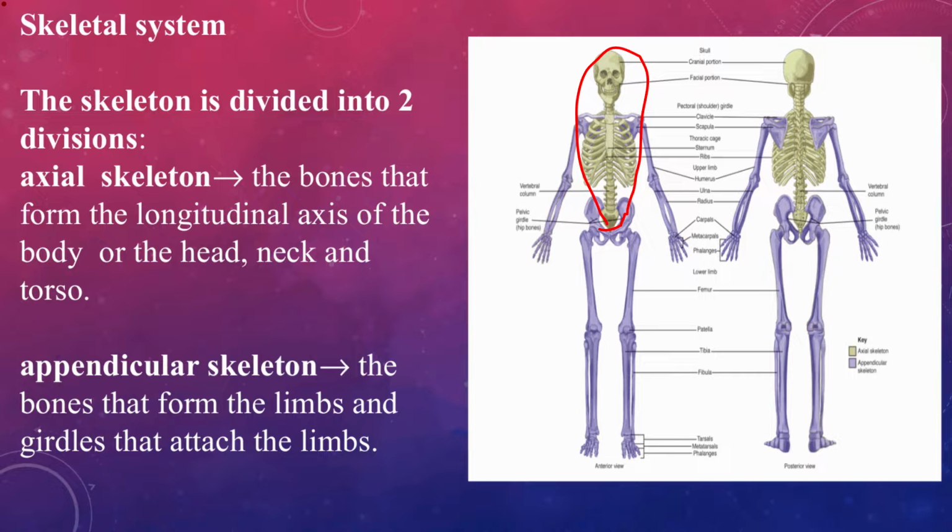The axial skeleton is referred to as the bones that form the longitudinal axis, this straight up and down here. So that's the head, neck, and the torso. And then the appendicular skeleton is the bones of the limbs and all of the bones that keep them attached to the body. Those are the girdles. And so we'll get into that.